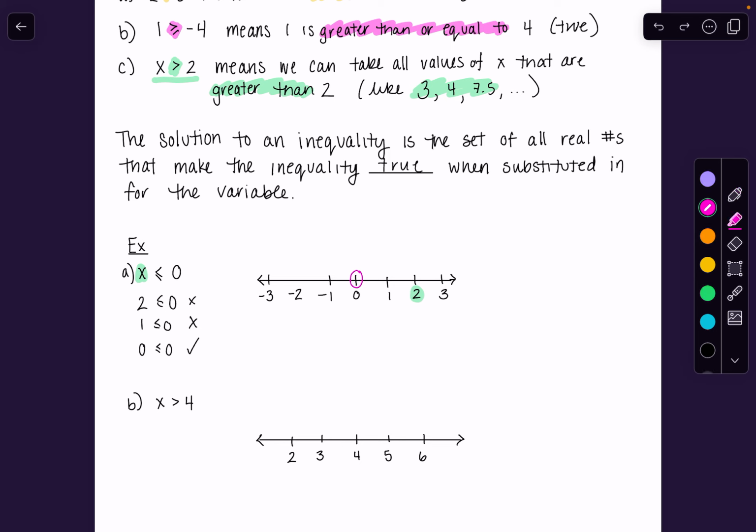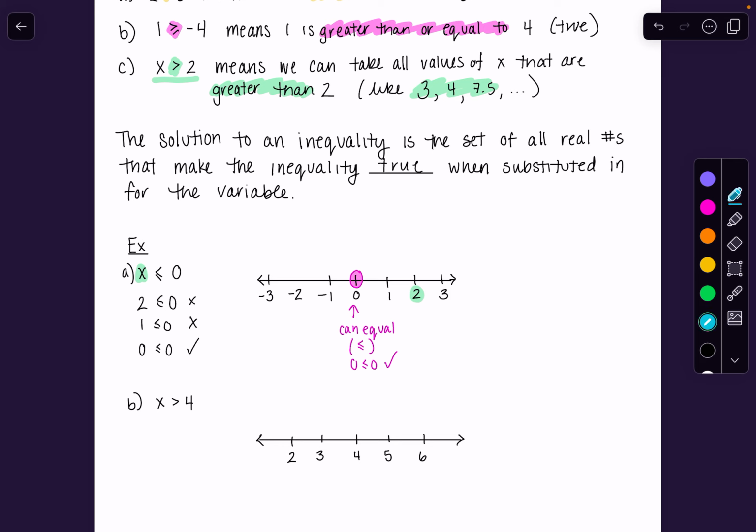And because I can actually equal it, we're going to be able to fill in this circle. So here we can equal this number, and that's because of the inequality symbol that we have, less than or equal to. 0 is less than or equal to 0 is a true statement.